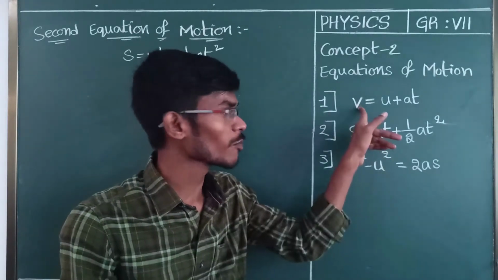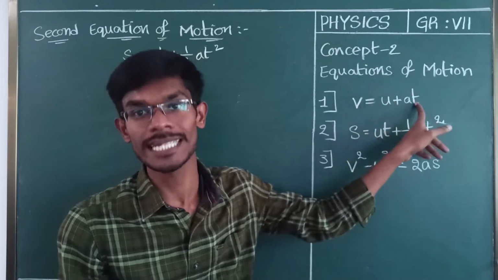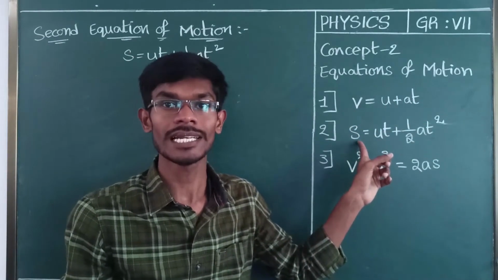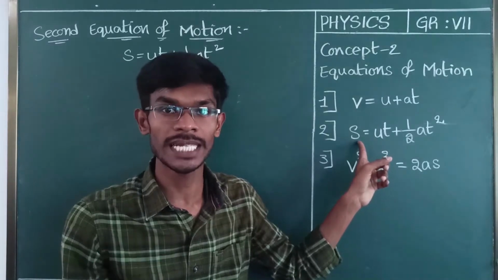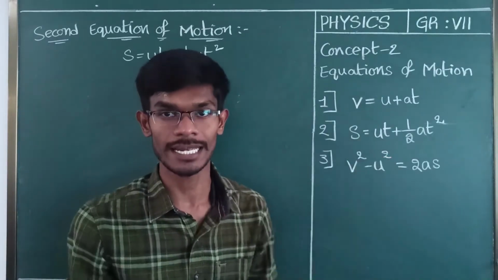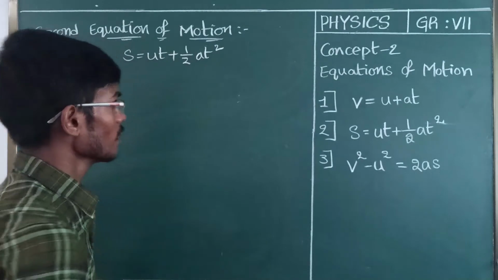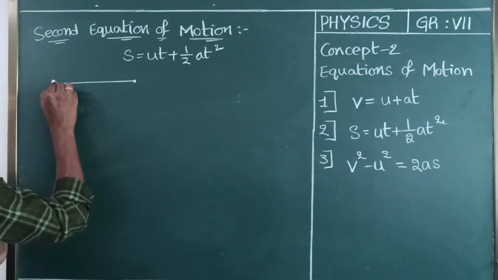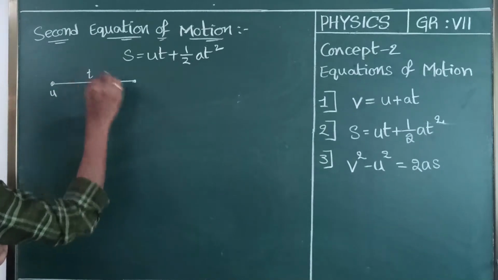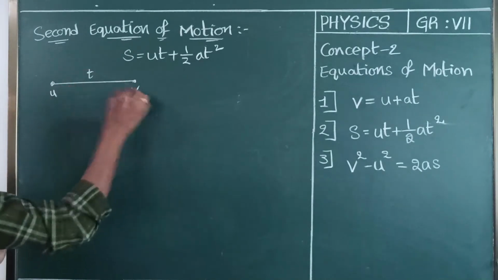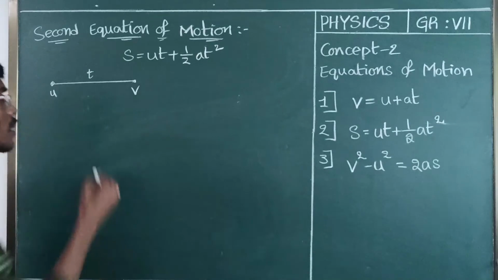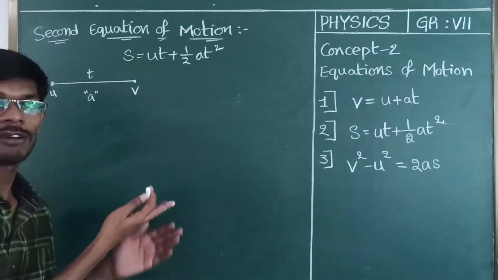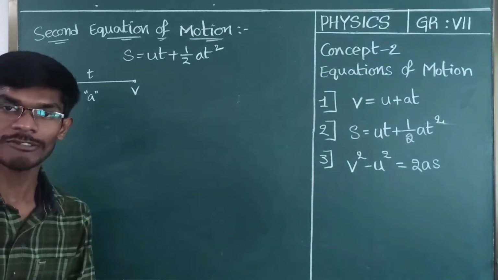The first equation of motion gives the final velocity after t seconds; the second gives the displacement traveled in t seconds. As we know, if an object moves with initial velocity u, in t seconds it reaches the final velocity v while moving with uniform acceleration. This we have seen in the first equation of motion.